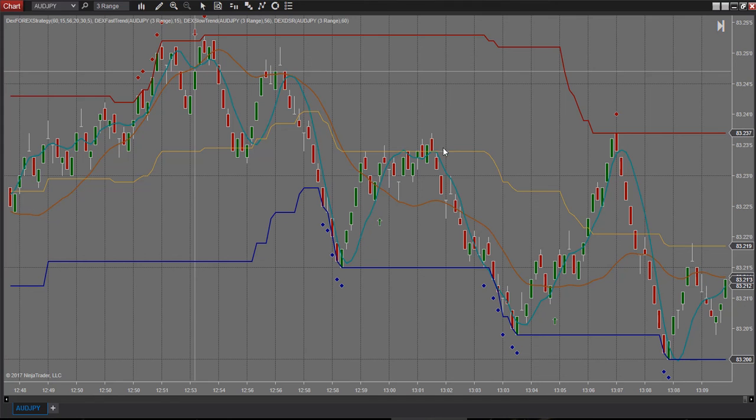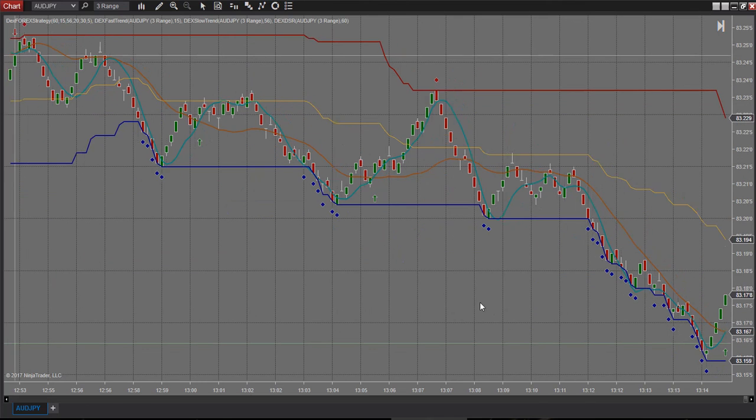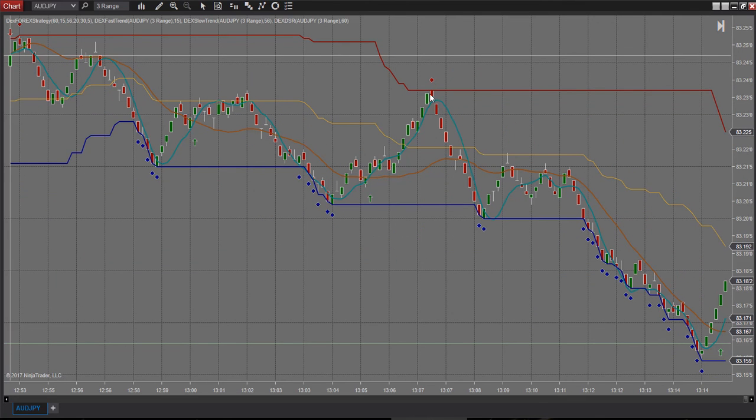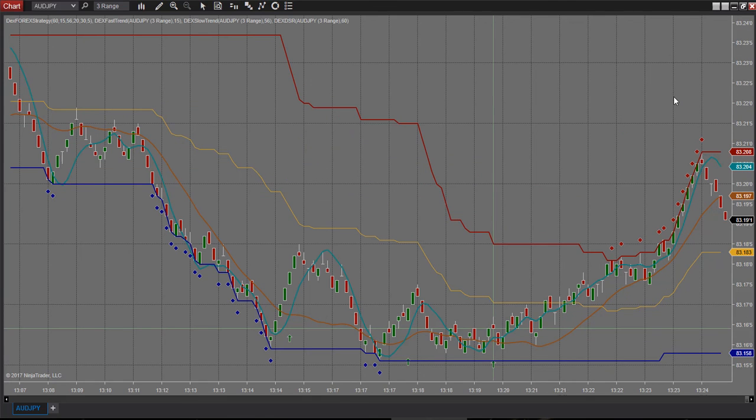You might have been able to get into that. You probably would have been stopped out, but a more valid long signal occurred here, and it took it right up to resistance, and so on. So just a basic strategy to get you in and out of some trades.